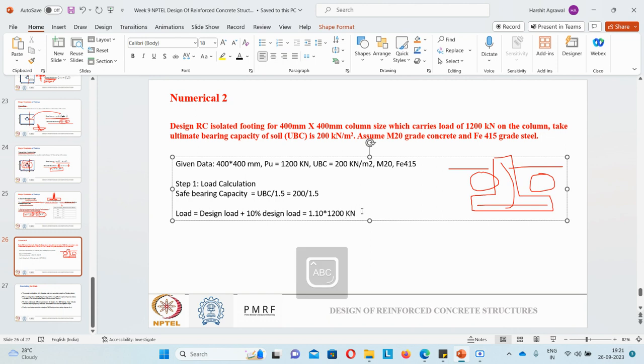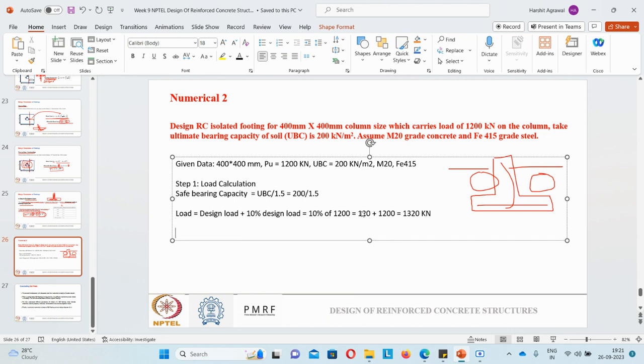Knowing these two values, I can directly write 10% of 1200, which will be nothing but 120. So my total load will be 120 plus 1200, which is equal to 1320 kilonewton. Okay, this is my total load which is acting, unfactored load.